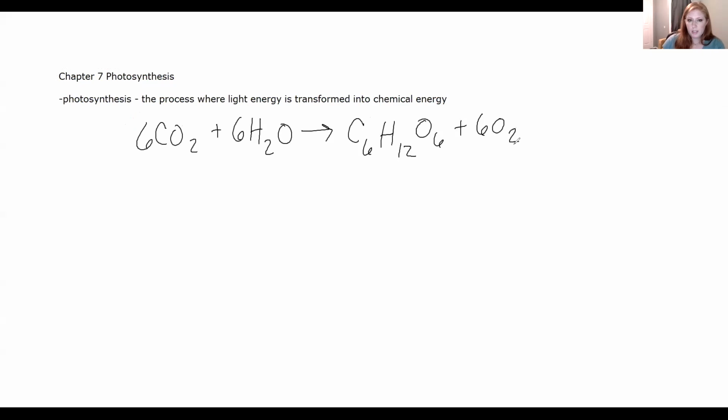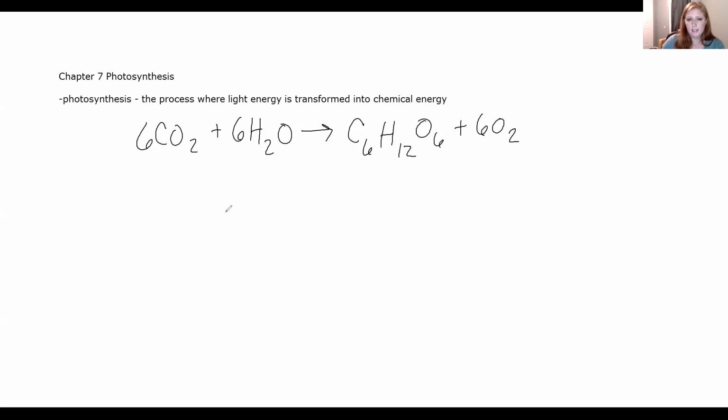So the equation for photosynthesis is actually the reverse of what it is for cellular respiration, okay? So the reactants here in photosynthesis were actually the products of cellular respiration. And the products of photosynthesis were the reactants for cellular respiration.